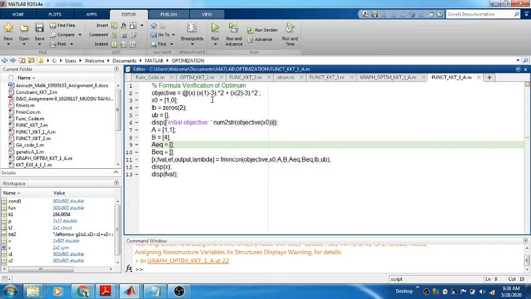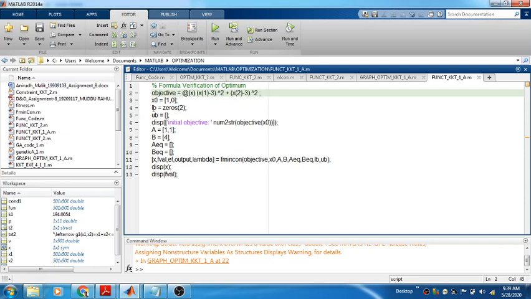So my objective function here, you can see it. This is the objective function, right? Now this is your initial guess. The initial guess must always be inside the feasible range, that is the most important point. That means it should always be in the feasible range, right?